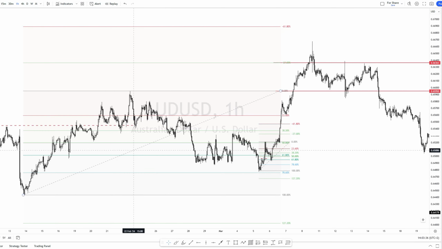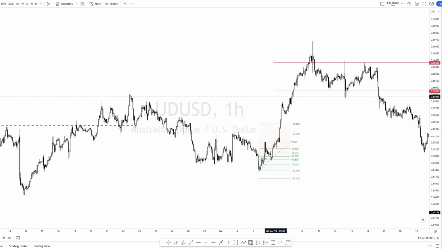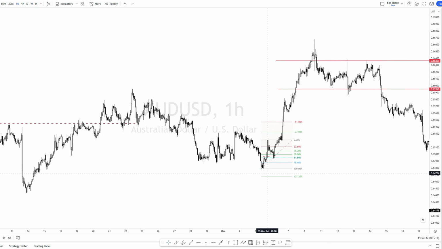Let's just say you are only willing to take until 0, like until the last high of A. Now take a look here. This is obviously the break of structure, and this is the order block, right?